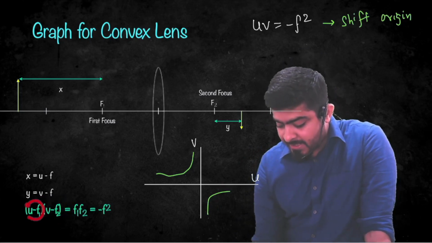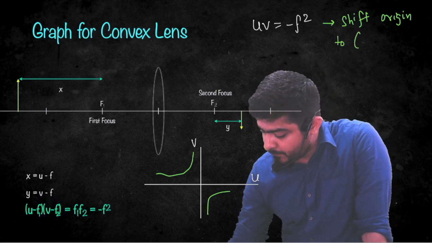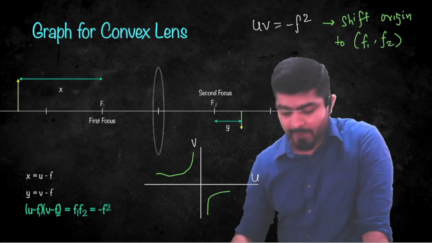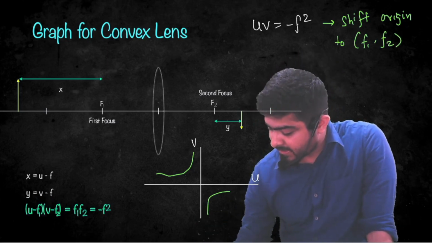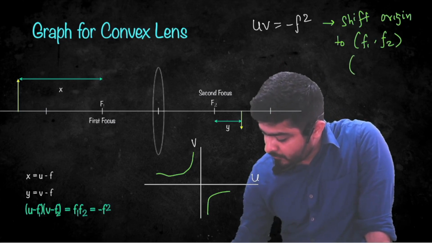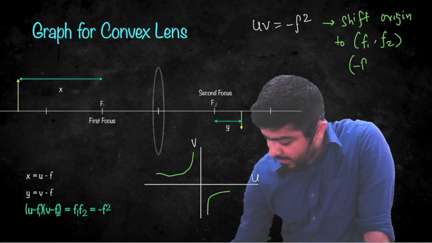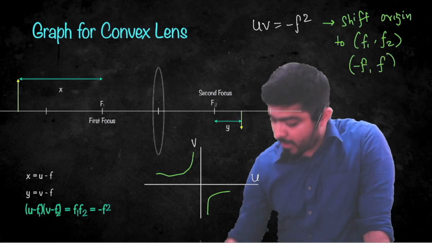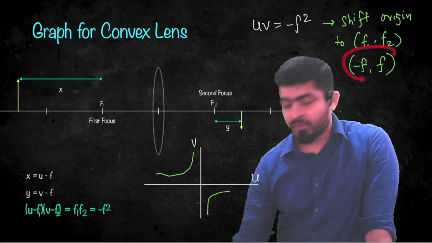Okay, u minus f1, v minus f2, so I have to shift the origin to f1 comma f2. Now for convex lens, f1 is negative, so here I get minus f, and for f2 I get plus f. Okay, so I have to shift the origin to this point.